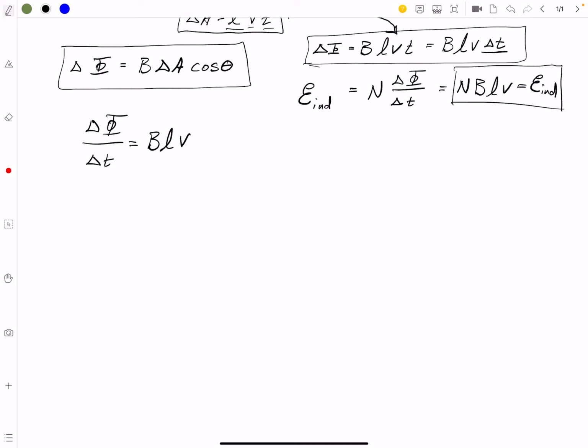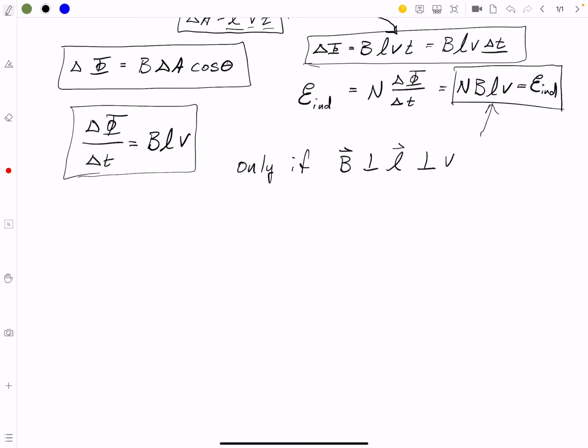So this works only if we have a B, our magnetic field, that is perpendicular to our length, which is perpendicular to our velocity, which again is perpendicular to our B field.